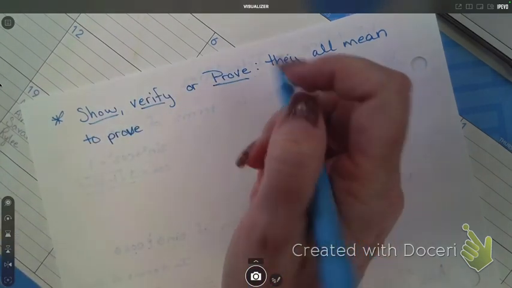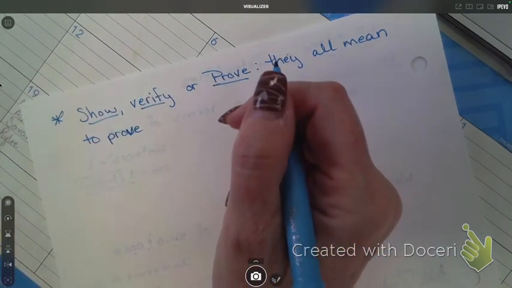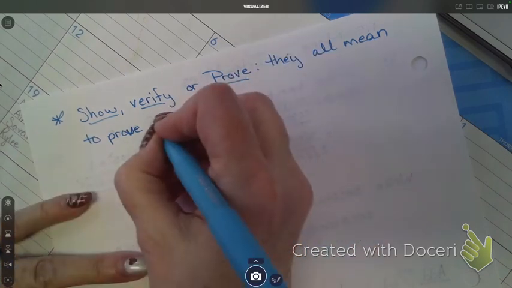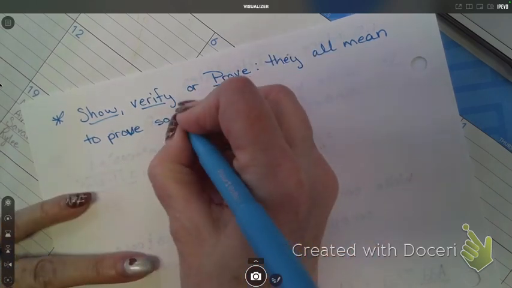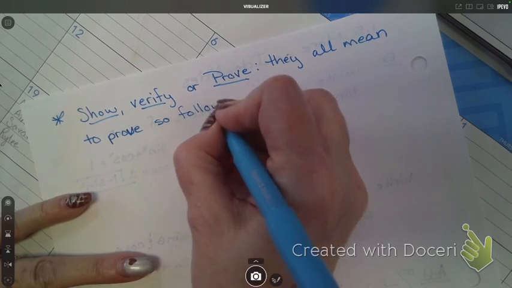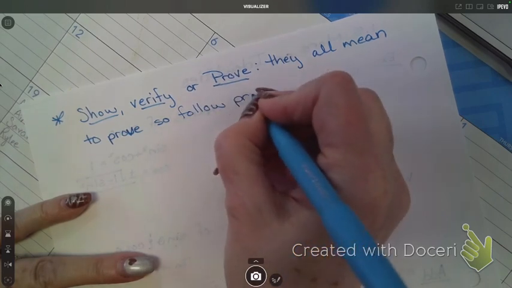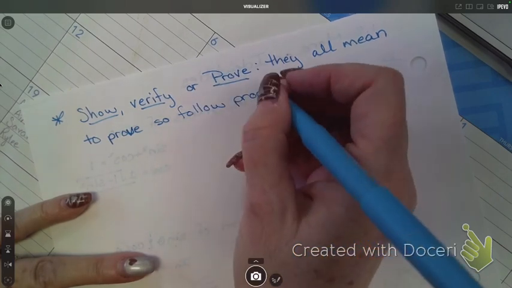Obviously, prove means prove, but show and verify also mean prove. And so you follow proof steps. And I know that sounds funny.